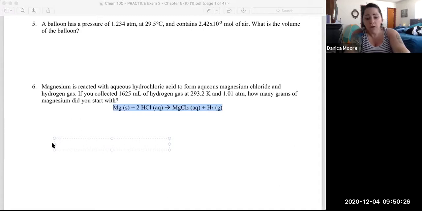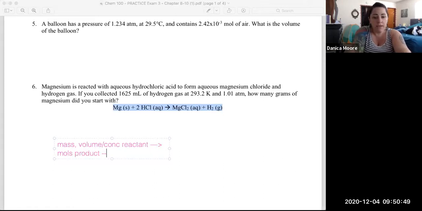Either you're going to have some mass or volume and concentration of reactant, and you're going to be going to moles of product and then to your PV equals nRT.